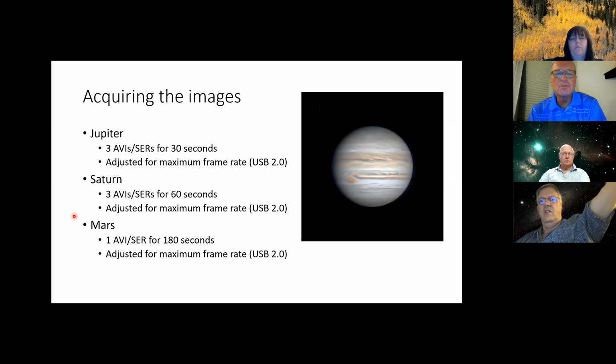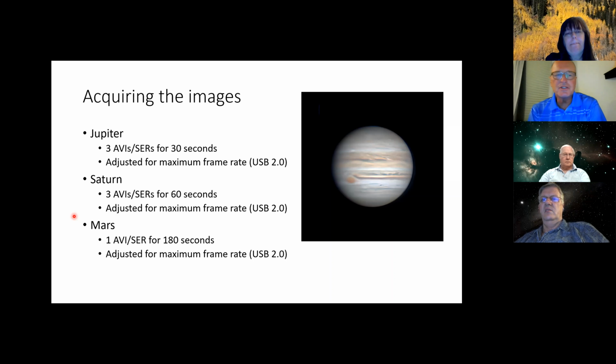For Jupiter, I used 30-second data collection intervals. For Saturn, since it rotates slightly slower, I used 60 seconds. For Mars, I only collected a single AVI through each one for 3 minutes.